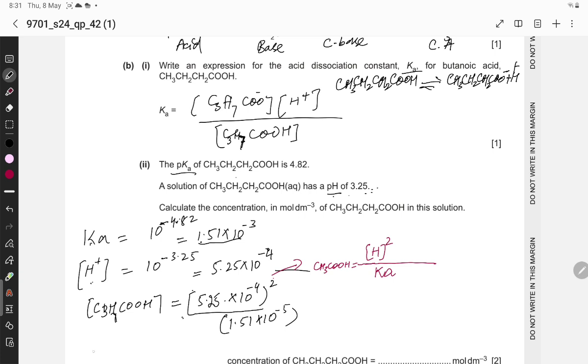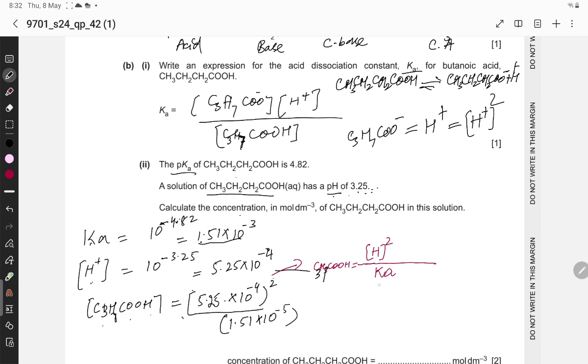So by rearranging this equation, because we want to calculate the concentration of butanoic acid in the solution, the concentration of butanoate ion is equal to the concentration of C3H7COO negative, which is equal to H positive, so the expression becomes H positive squared divided by Ka.